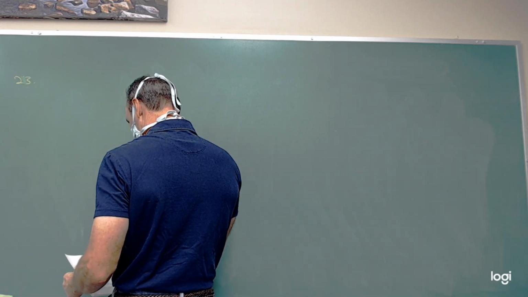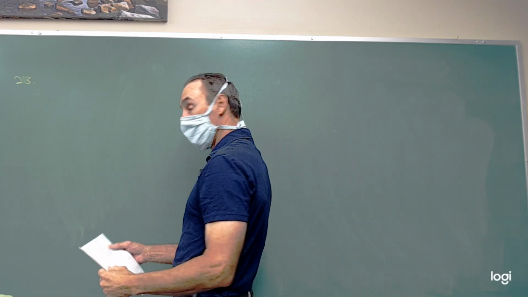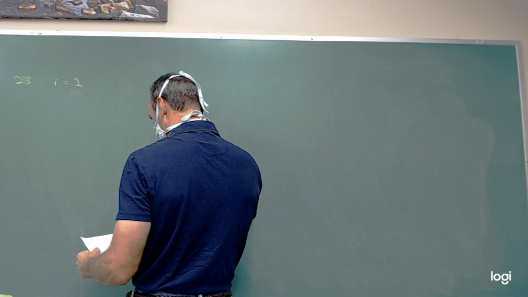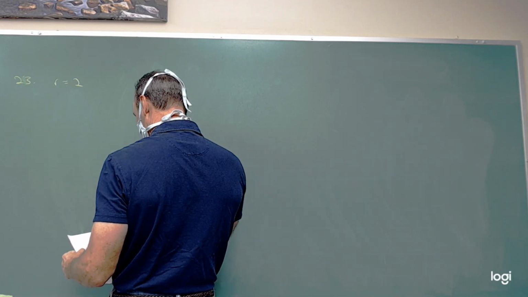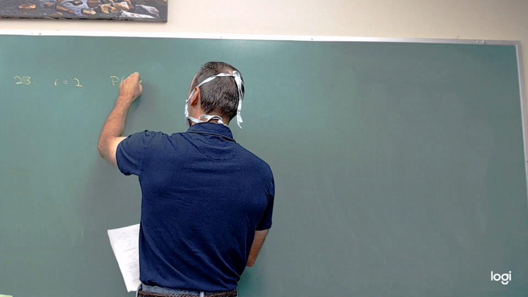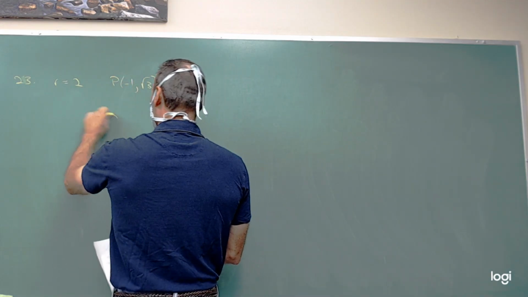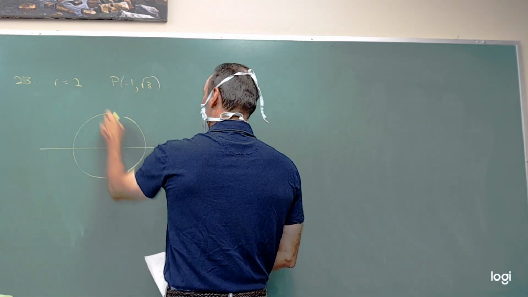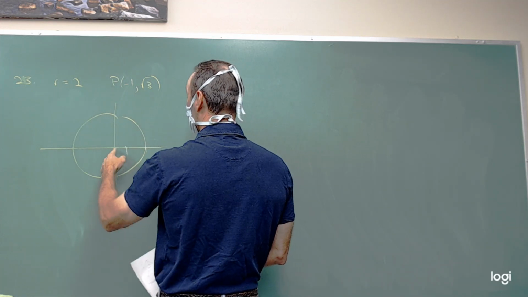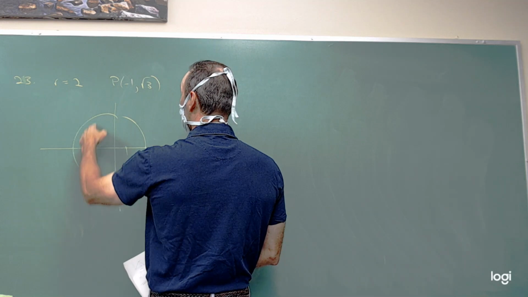How about a circle of radius 2? Okay, a circle of radius 2 is centered at the origin and goes through the point -1, square root of 3. So here's a circle centered at the origin. Its radius is 2, and it's going to go through the point -1, square root of 3.